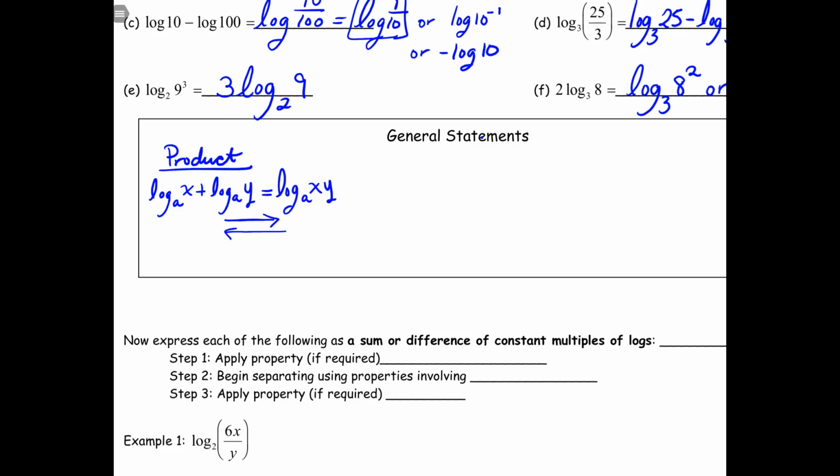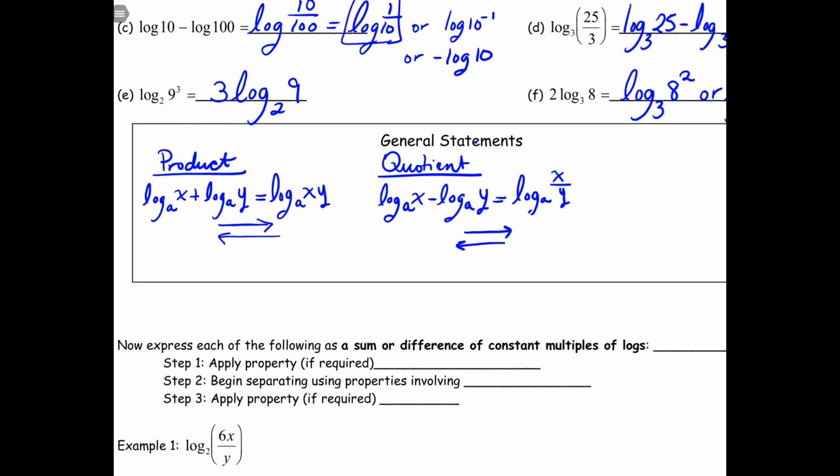Then next we had the quotient property, which states that if you have log base A of any number x minus log base A of any number y, it's equivalent to log base A of x divided by y. And again, that's a reversible statement.